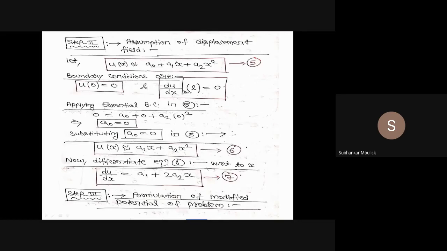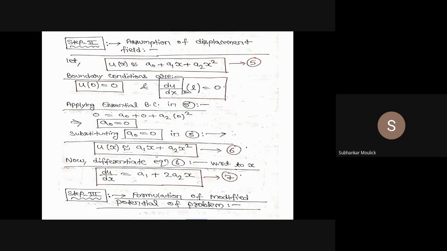That expression of pi you have to minimize, and you see in this expression there are two unknown coefficients a1 and a2. First you will minimize that pi by taking the partial differentiation of pi with respect to a1 and equating it to 0, that is del pi by del a1 equal to 0.